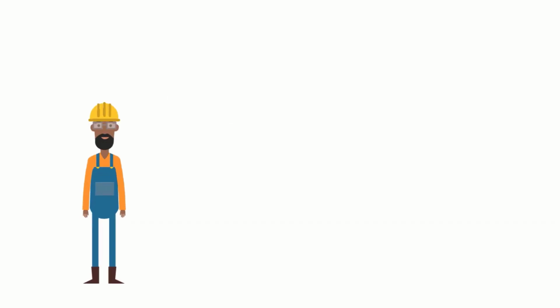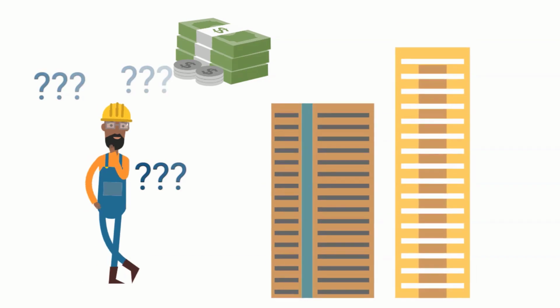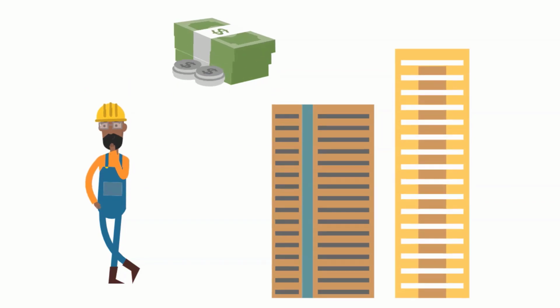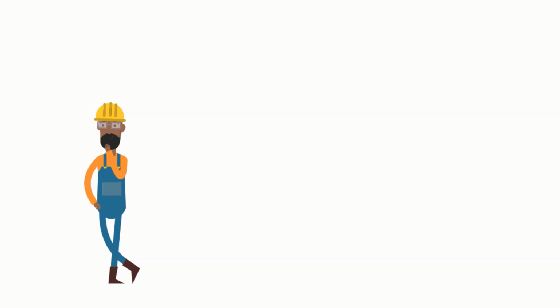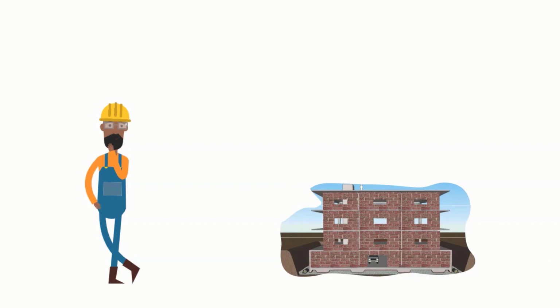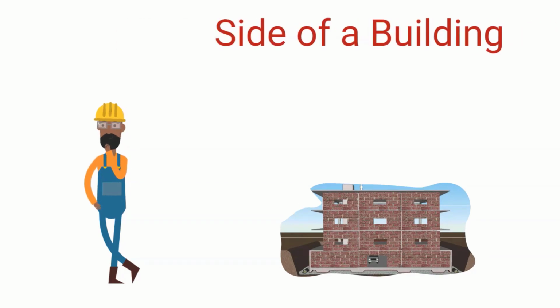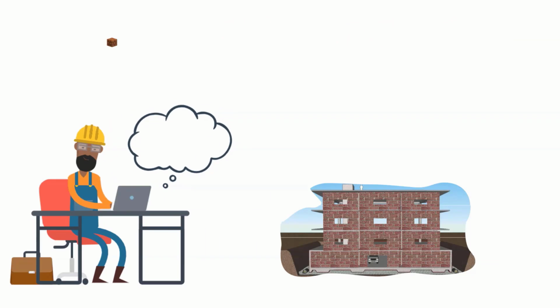For example, if I were to ask how much will it cost to build a 100-story building, you can't answer that question. But if I were to ask how much will it cost to rebuild a side of a wall, a side of a building, of a room, that's small enough. You can easily conceptualize how many blocks do I need.